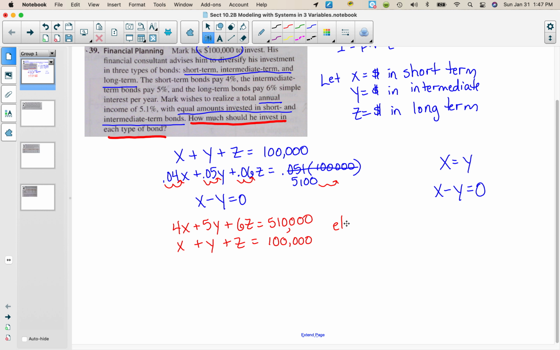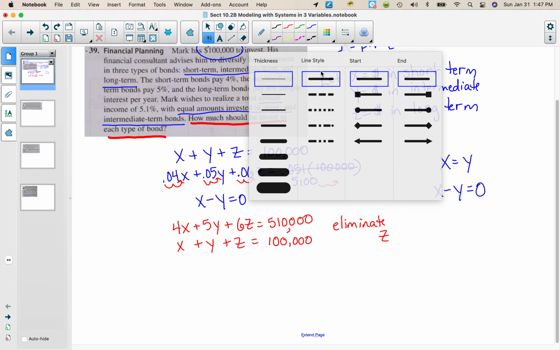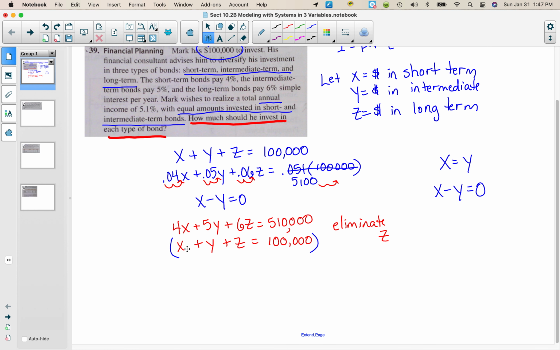I'm also going to be using this first equation, and I'm going to eliminate z. And hopefully you see why, because I already have an equation with just two variables. So I'm going to use that, and I need to eliminate z from this, and then I'll have a second equation. So I'm going to multiply this by a -6. So I get -6x minus 6y minus 6z equals -600,000.